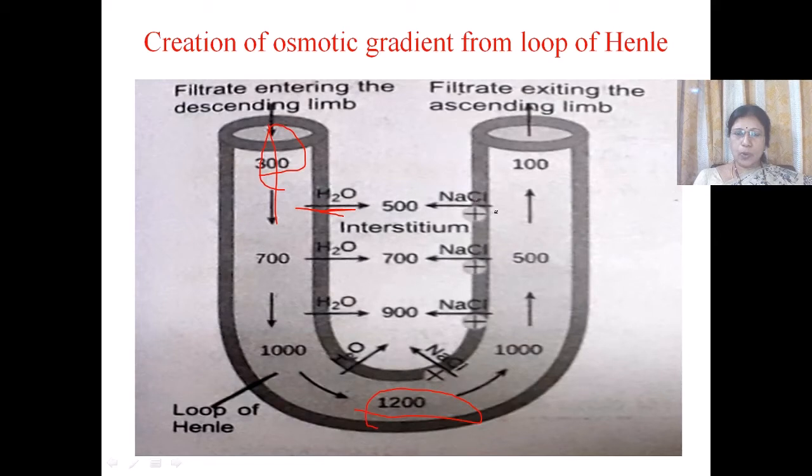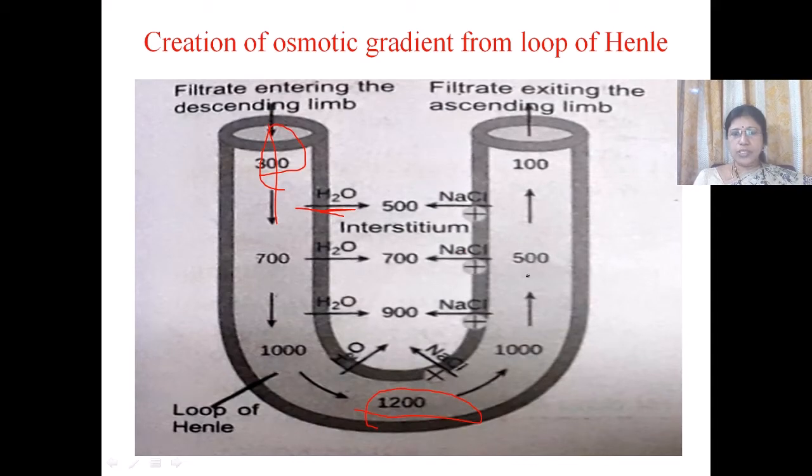The sodium chloride is reabsorbed into the medullary interstitium with active transport. So with the sodium potassium pump, with the expense of energy, sodium chloride is reabsorbed into the medullary interstitium.